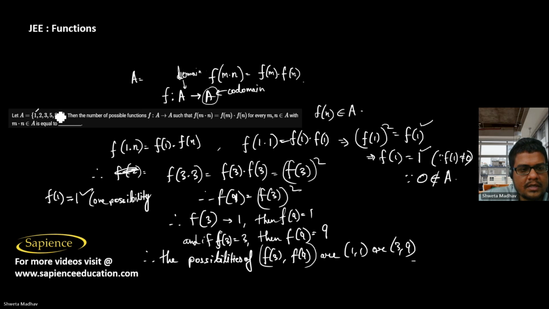F of 3 and f of 9 have two possibilities. The remaining ones are f of 2, f of 5, and f of 8.